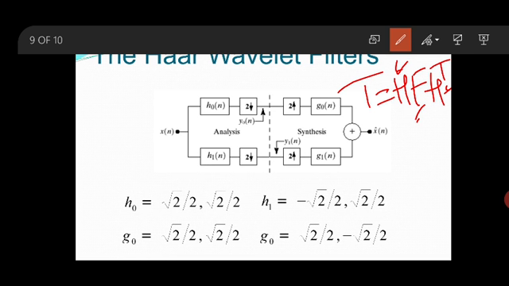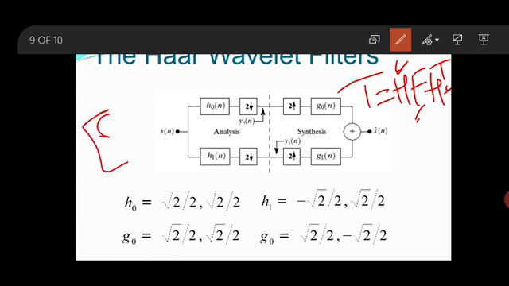Let us consider a simple Haar transform equation that we have taken here in this way. H0 will be root 2 divided by 2, root 2 divided by 2.